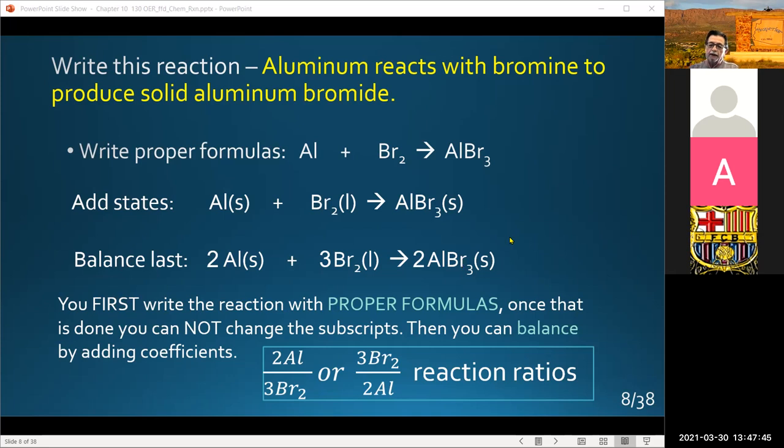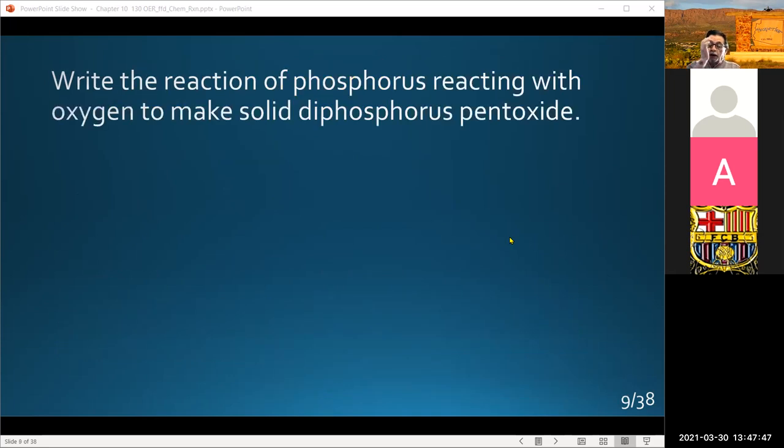All right, here we go again. We have the reaction of phosphorus reacting with oxygen to make solid diphosphorus pentoxide. That's a good one here. Let's break it down.